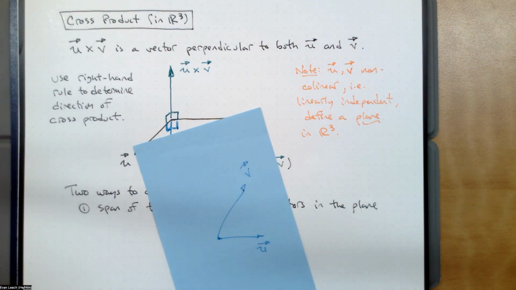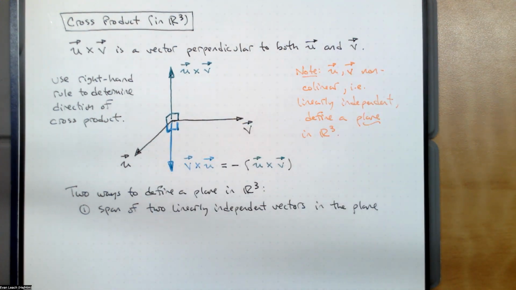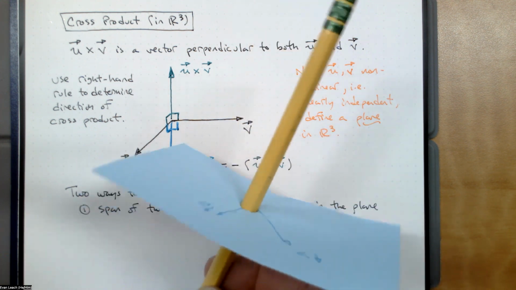This blue plane is the span of those two vectors. I could also define the plane by saying that it's everything perpendicular to a normal vector. I just stabbed the plane with a normal vector.